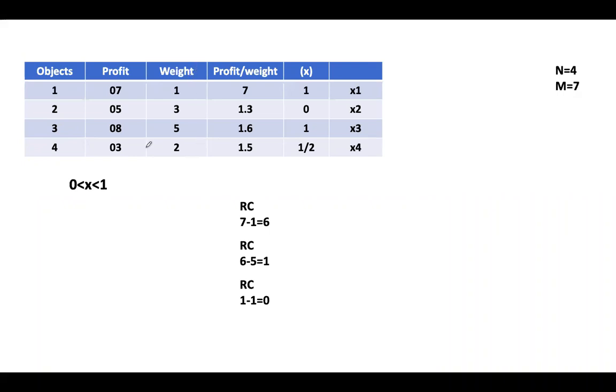So I will consider the first object completely, the third object completely, and 1 by 2 of the fourth object. To verify this, we have got only 7 kgs, and you have to verify that in the end. How can you verify? It's very simple. The summation of Xi into Wi gives you the total weight.